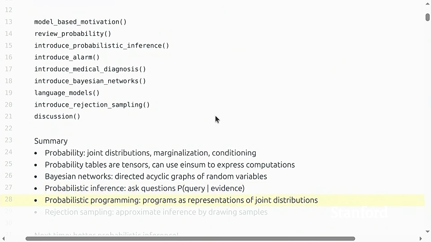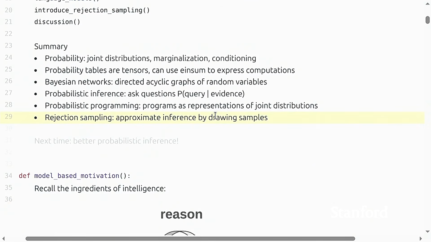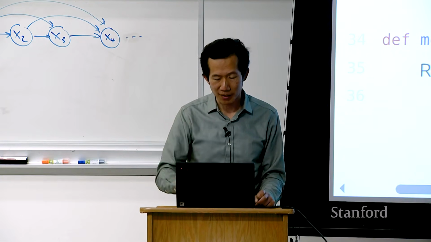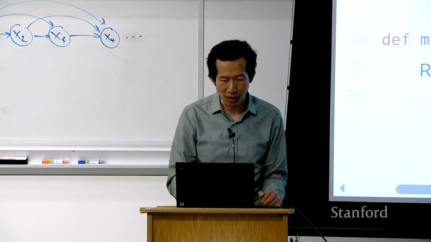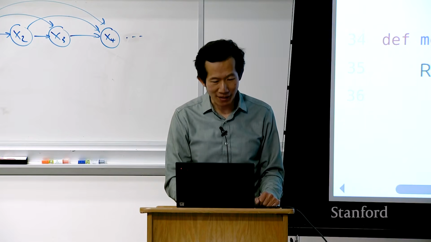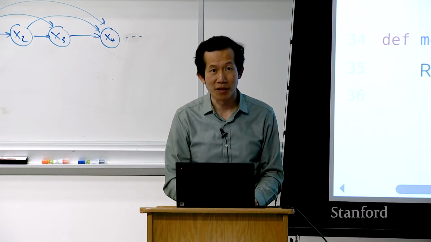And then finally, I showed you probabilistic programs as a way to represent programs as joint distributions. And finally, rejection sampling, which is a very simple and generic way to do probabilistic inference in any Bayesian network. But it is very slow. And so next time, we're going to try to improve the algorithm and look at other alternatives.